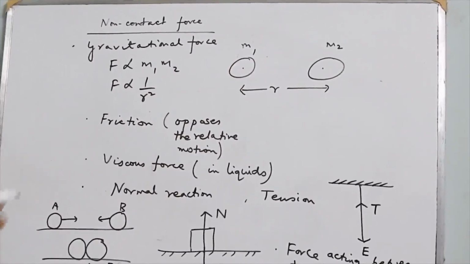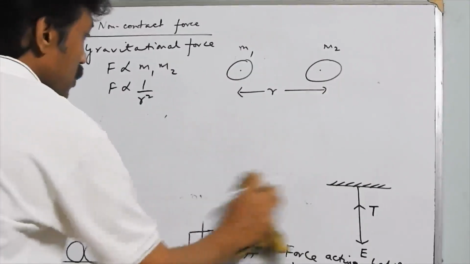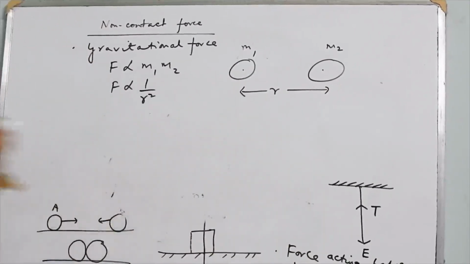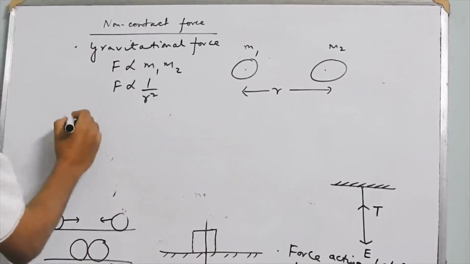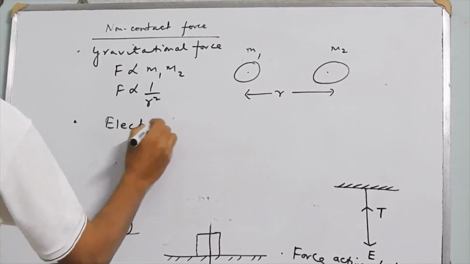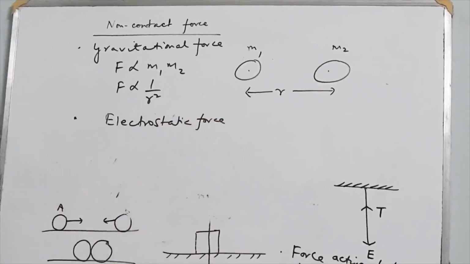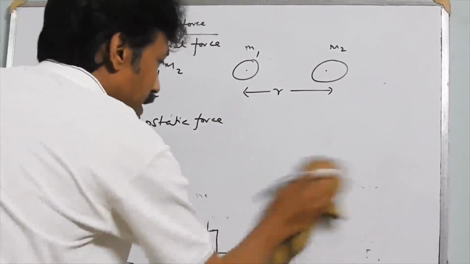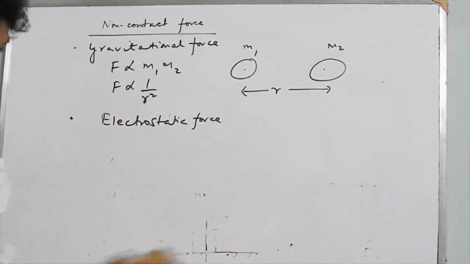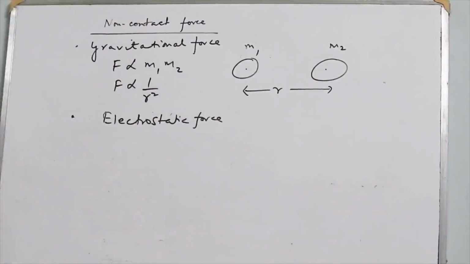A similar type of non-contact force is the electrostatic force between a pair of charges. So if there are two charged bodies carrying some definite amount of charge, then there is a force of attraction or repulsion between those two charges.